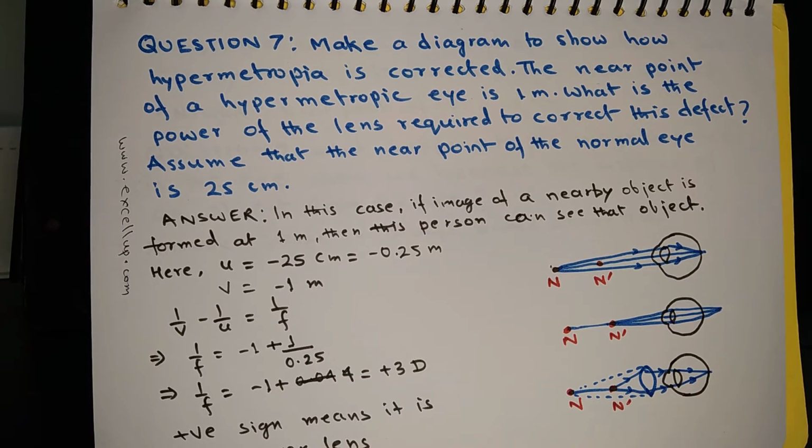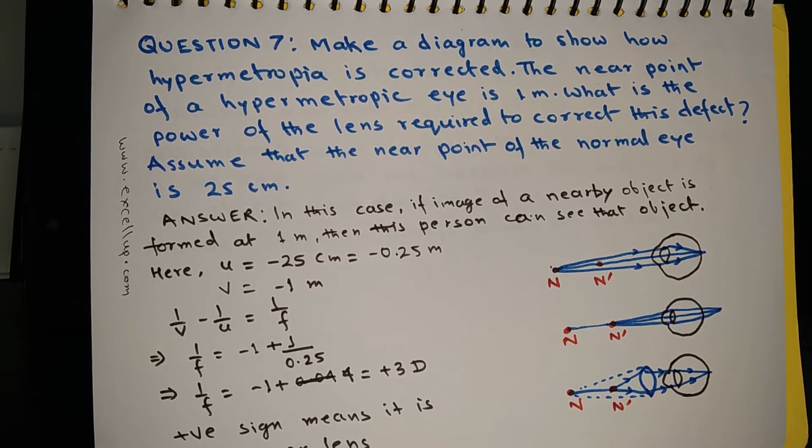So if a person with a hypermetropic eye can keep the book at sufficient distance, he will be able to read it clearly. But if the book is kept at the near point of a normal eye, then these rays of light get focused behind the retina, and that is why a blurred image is formed at the retina.